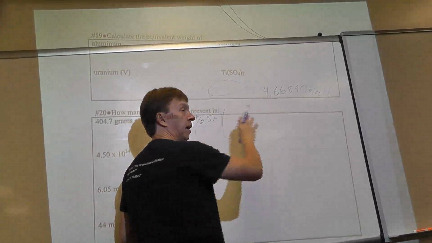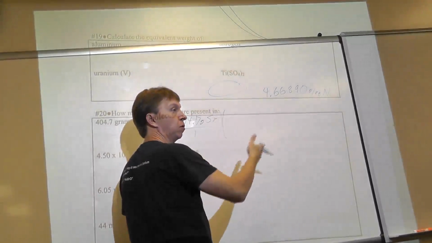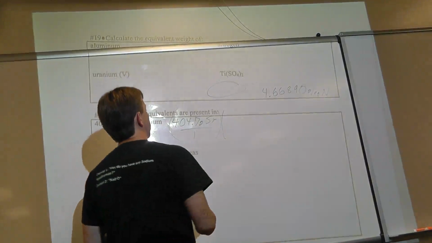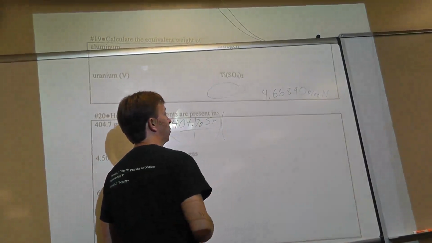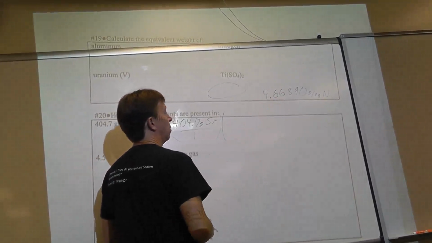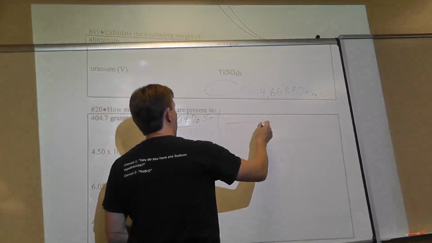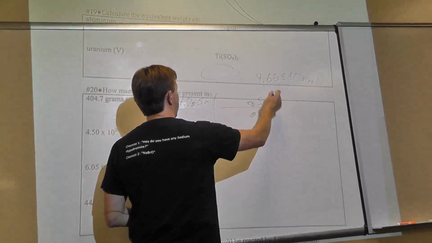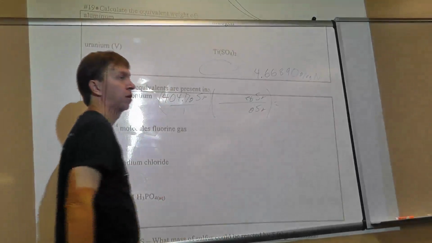Now I'm going to work this out two different ways, okay? So leave room that you can write this down, because you'll see one way that you prefer more than the other. One is just a more condensed form than the other. If we go strictly by the definition of equivalent weight, then we would put the grams of strontium and the charge of strontium to calculate that equivalent weight.